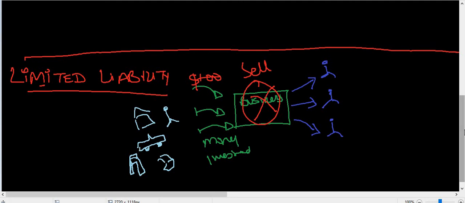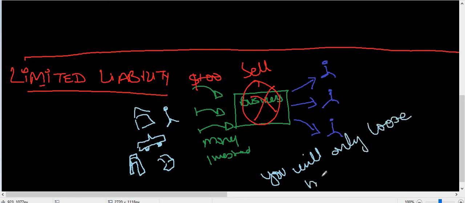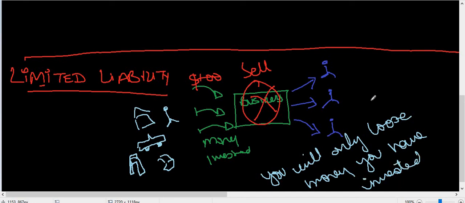So limited liability, I'll just write it down quickly for your better understanding. Liability: you will only lose money you have invested, not personal funds.